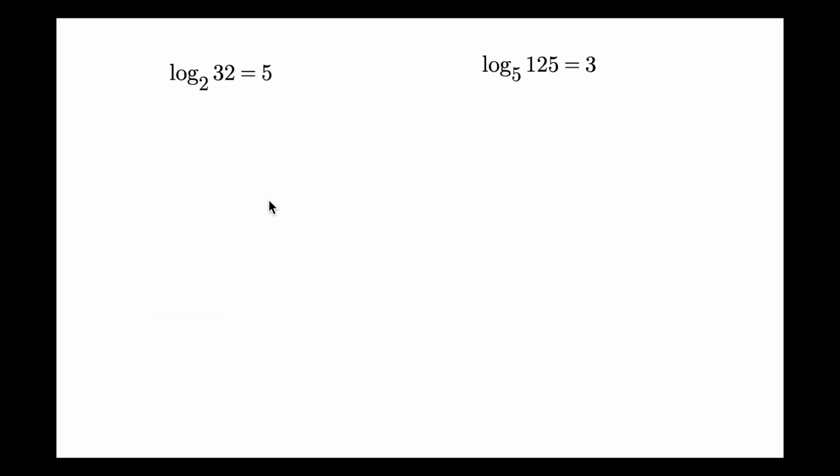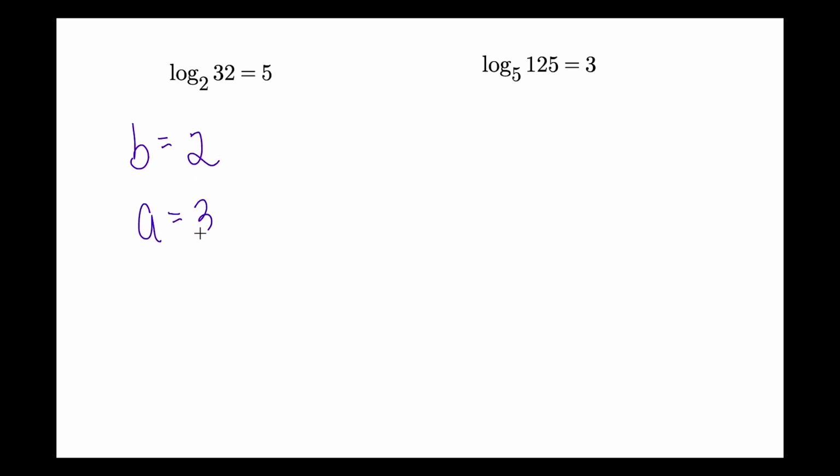We're asked to work backwards and write the logarithmic function in exponential form. So here we're given the logarithmic equation. Still identify your base, which in this case is 2.